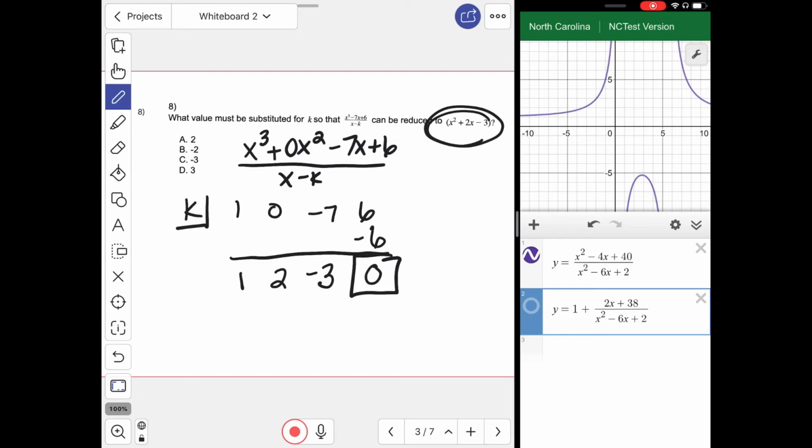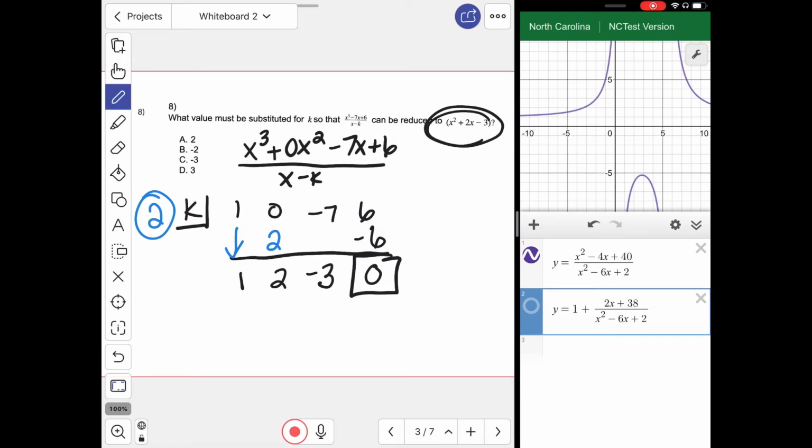Okay, so then you ask yourself, what can I multiply here and negative 3 to give me negative 6? Well, that would have to be a negative 2. Or excuse me, a positive 2. So right now we're saying that we're most likely going to be looking at a positive 2 here. Okay, so if I reduce that, 2 times 1 is going to give me 2 here.